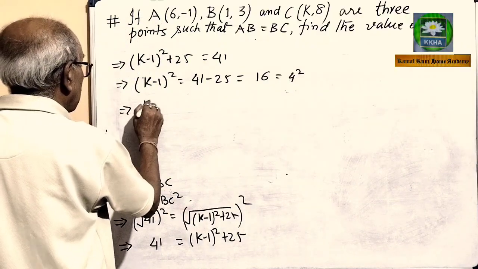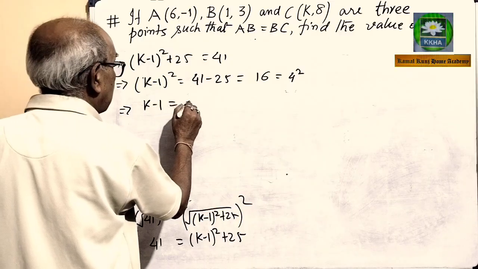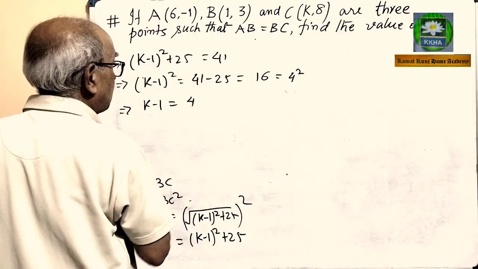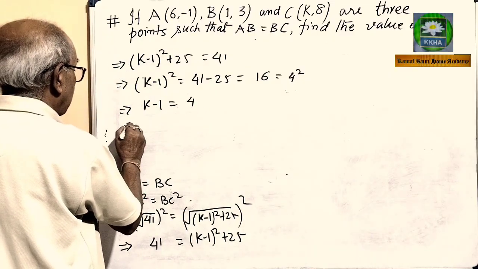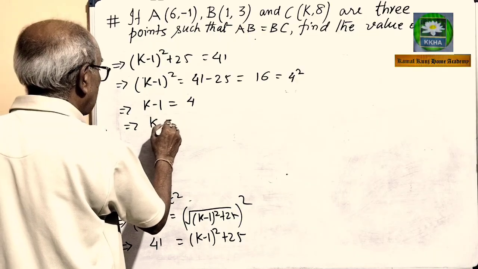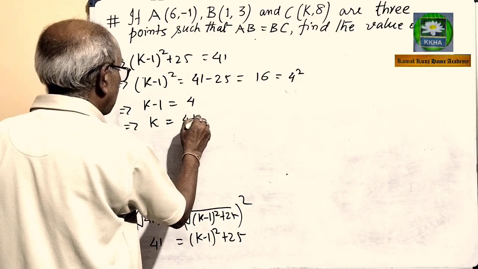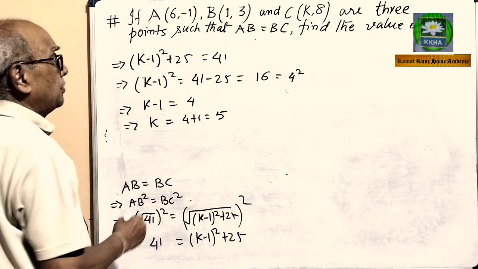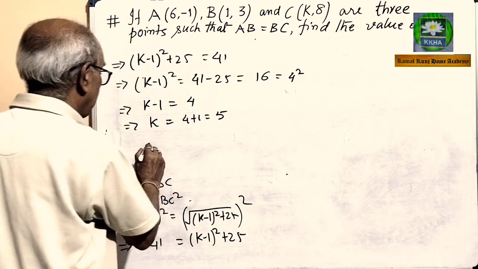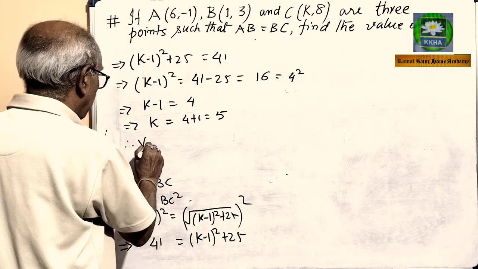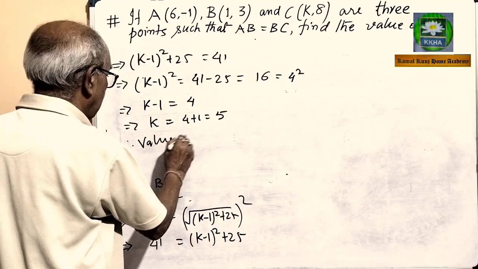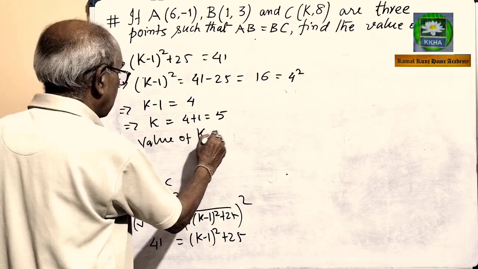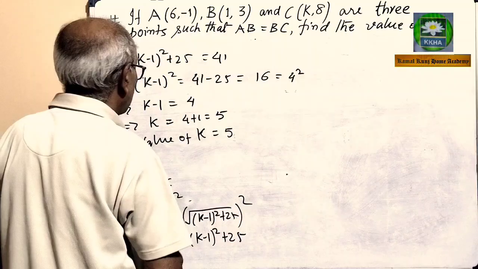This implies that K minus 1 equals 4. So K is equal to 4 plus 1 equal to 5. So the value of K will be 5.